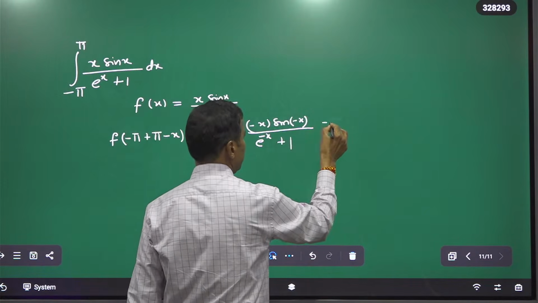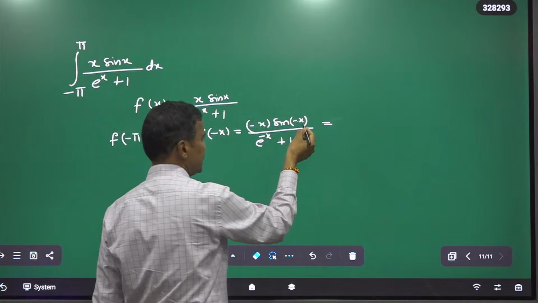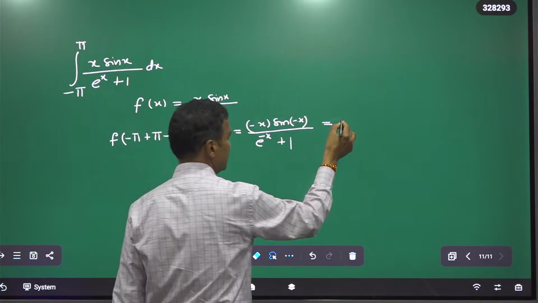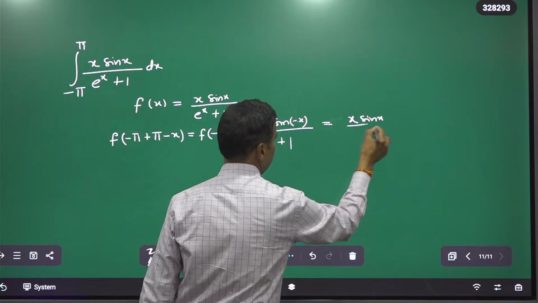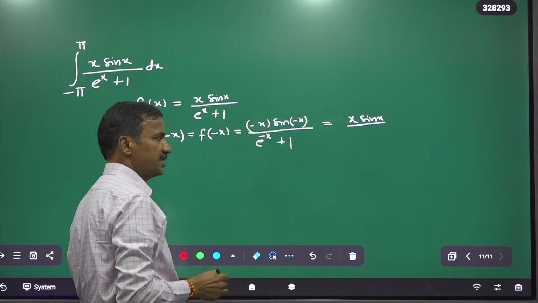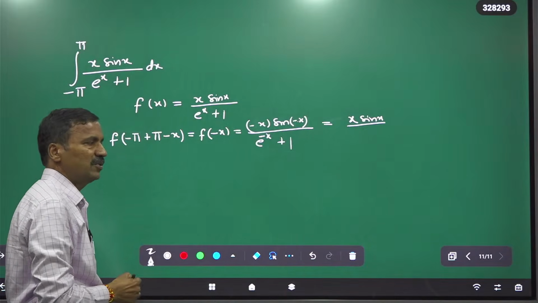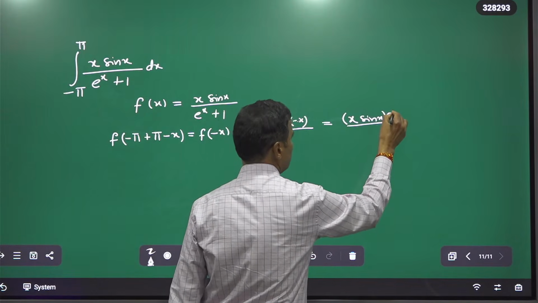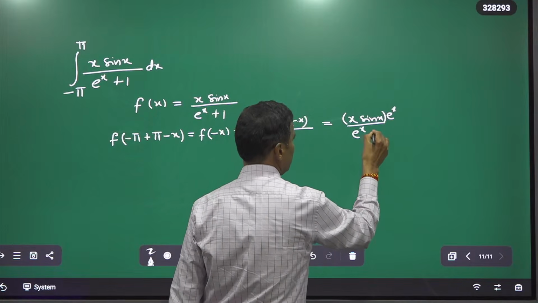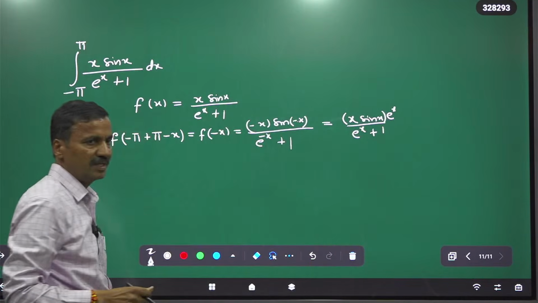Because minus sin of minus x is minus sin x, minus into minus becomes plus, so we can write it as x sin x, divided by e power minus x plus 1. e power minus x can be written as 1 by e power x, so by taking LCM, e power x goes to the numerator and the denominator will be e power x plus 1 again.